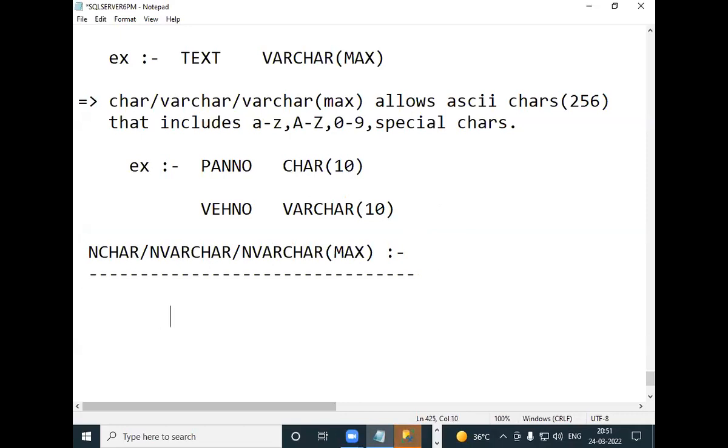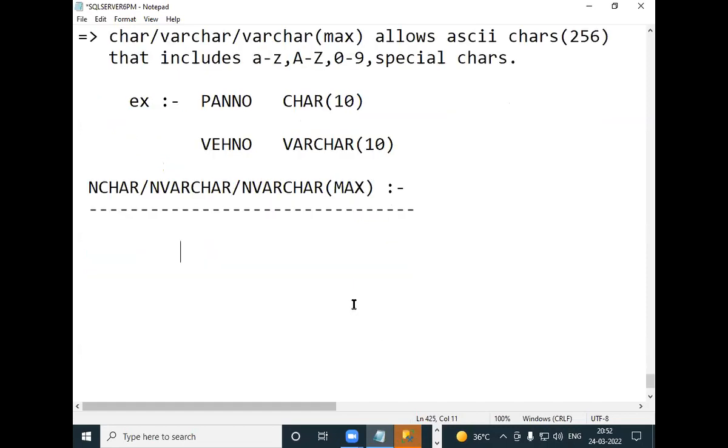What does N stand for? N stands for national.